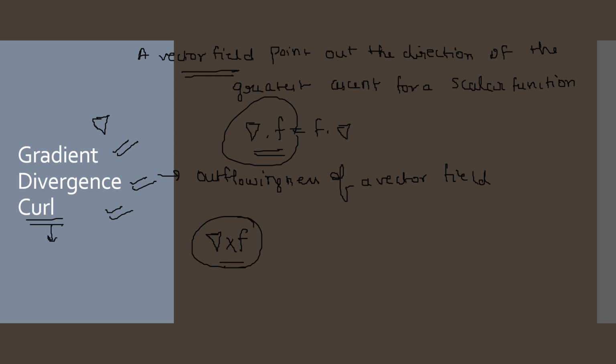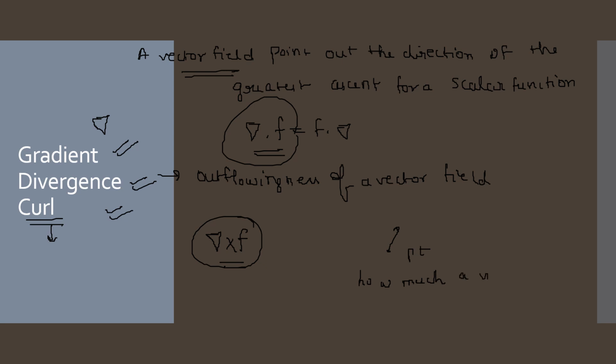Now, technicality about curl. If someone asks you about the definition, then you can say curl measures how much a vector field curls around a point. So you have a vector, this is the point. If that vector is rotating, how much it rotates, it curls.